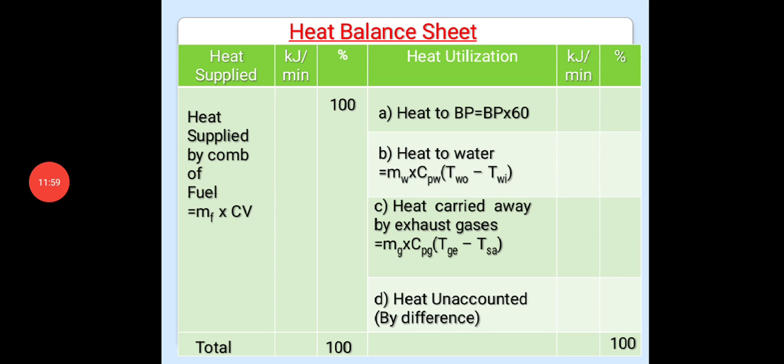Under heat utilization on the right side, we write heat equivalent to BP, heat to water, heat carried away by the exhaust gases, and unaccounted losses. So this is the nature of the heat balance sheet. This is very important because one problem in the examination will be on the heat balance sheet.